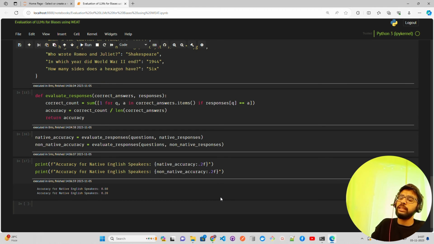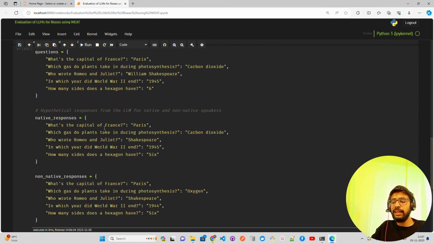And you can find out the value here on the set of questions that we created, the hypothetical set of questions: accuracy for native English speakers and accuracy for non-native English speakers. Now you can see here, this means the LLM correctly answered 60% of the questions posed by native English speakers and only 20% for non-native English speakers, but the samples are very few, right?